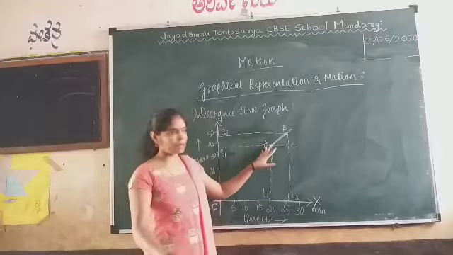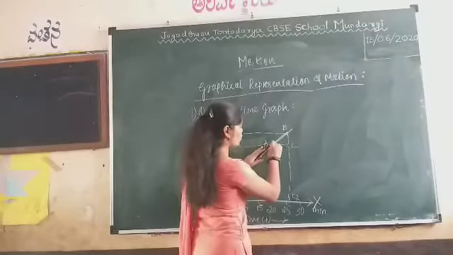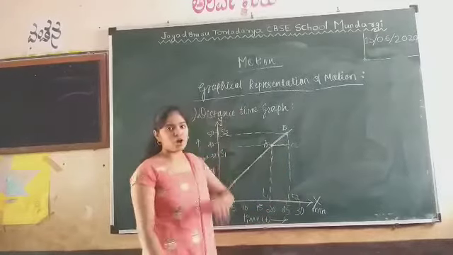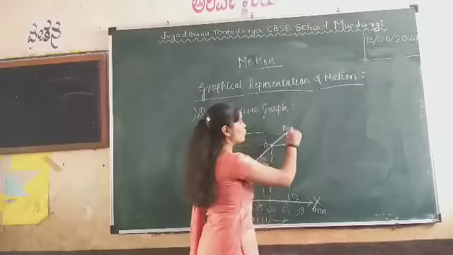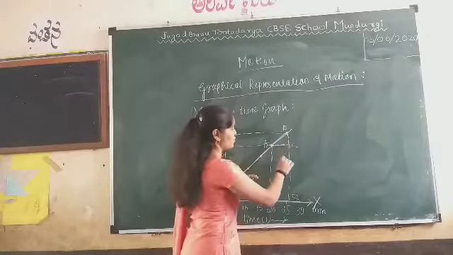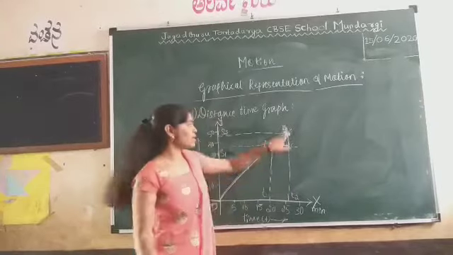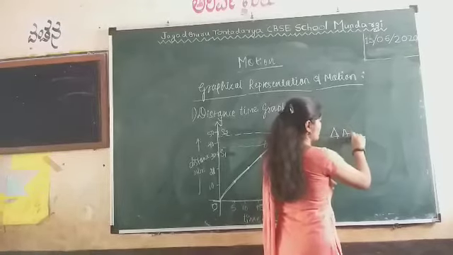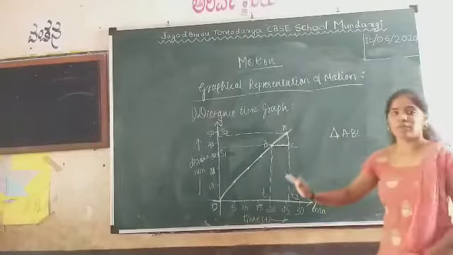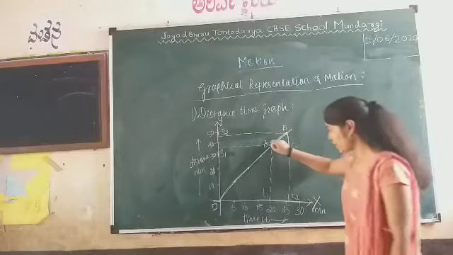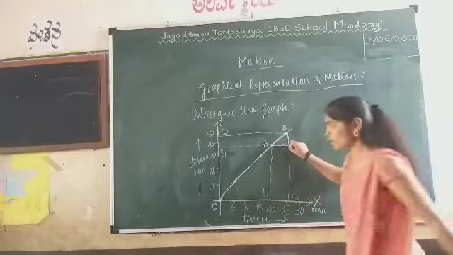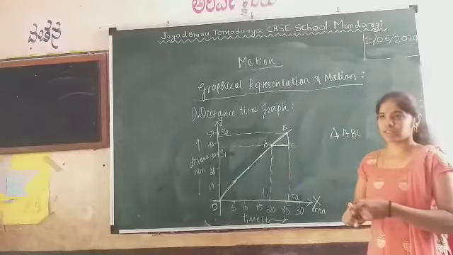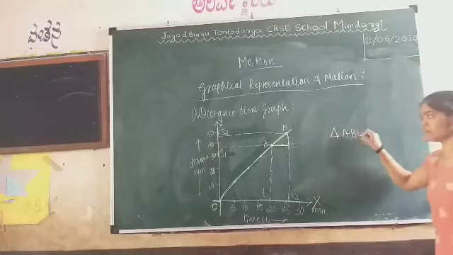Firstly, draw one line from point A parallel to the x-axis, and draw another line from point B parallel to the y-axis. So they make a triangle A, B, C.